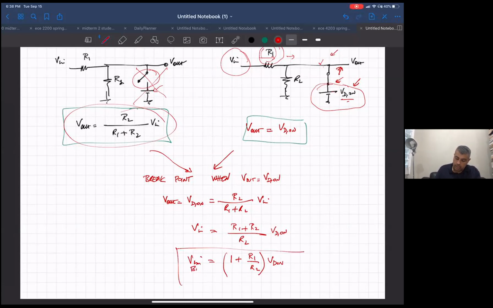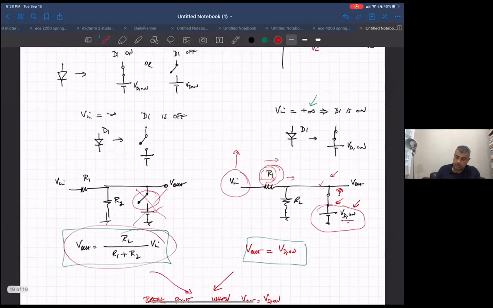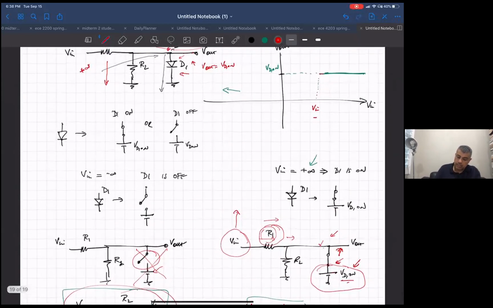Say Vn break or something, whatever you want to call it. So here, when Vn is equal to 1 plus R1 over R2 VD on, we basically get a break in the curve.